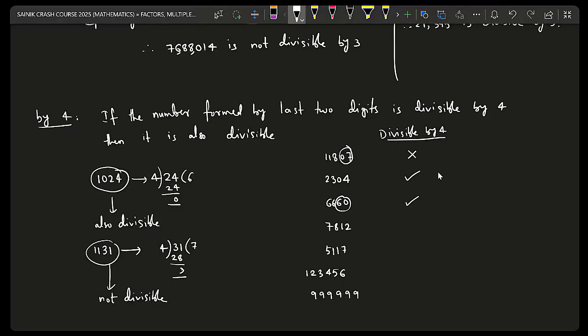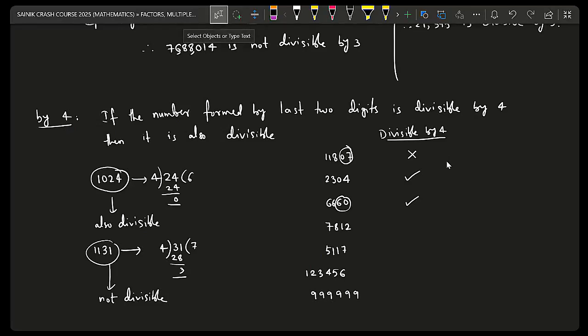Manaswini, can I know? Sir, 1 second. 15, sir. Yes, 15. That's why it is divisible.